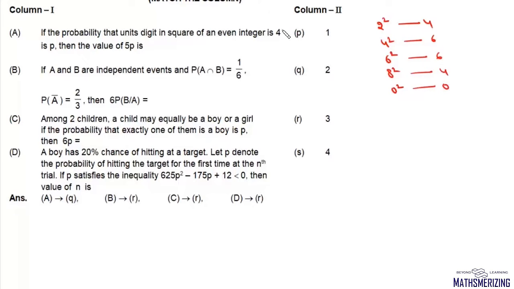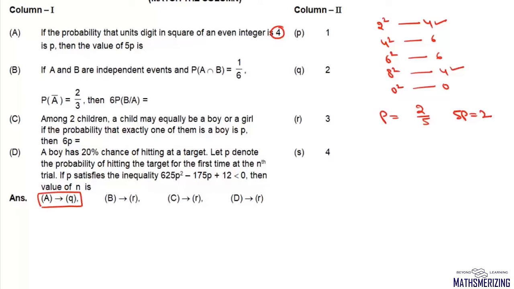Now it says the units digit is 4. The units digit is 4 in these two cases. That means this required probability will be simply 2 by 5, or the value of 5p is 2. That means this A matches with Q.